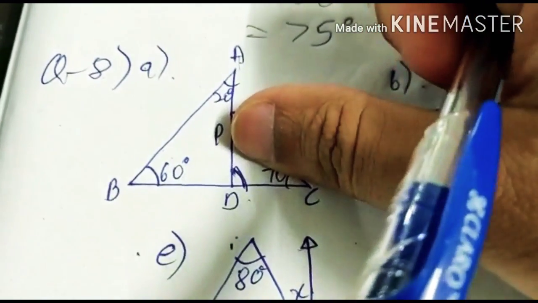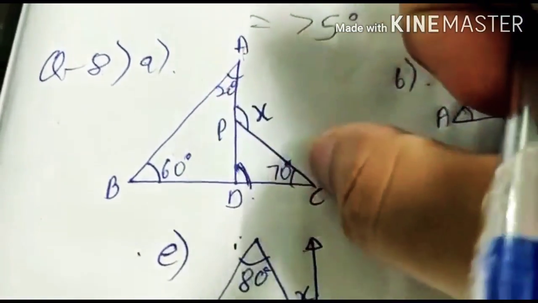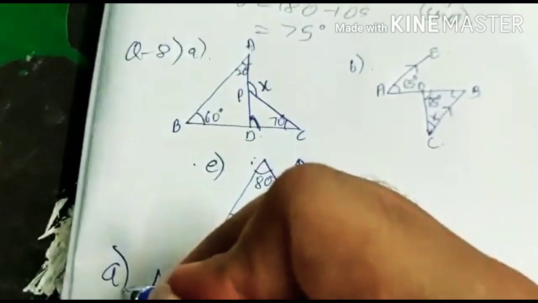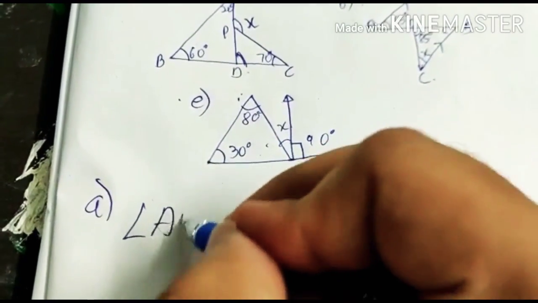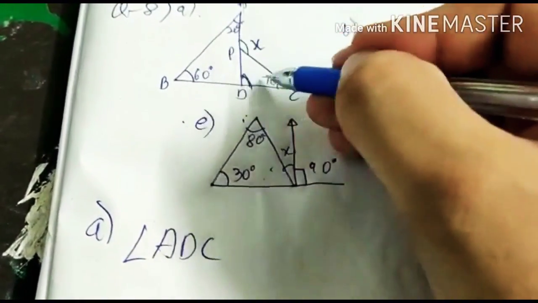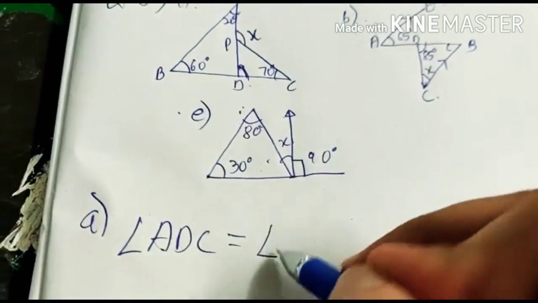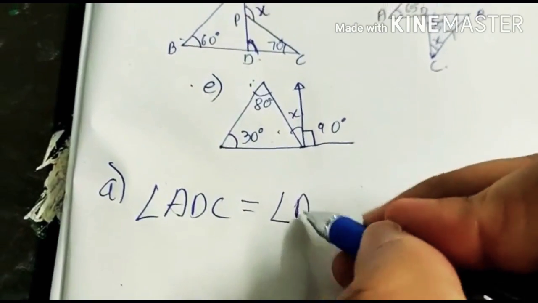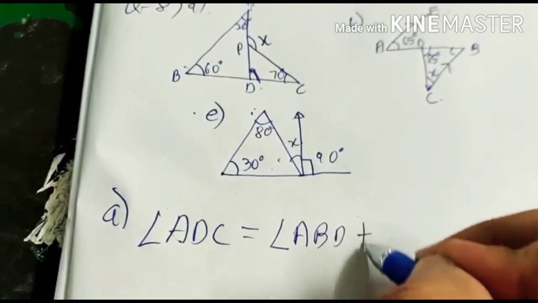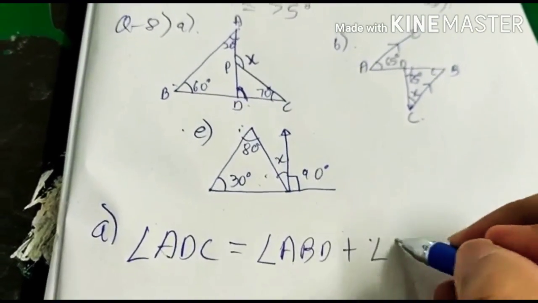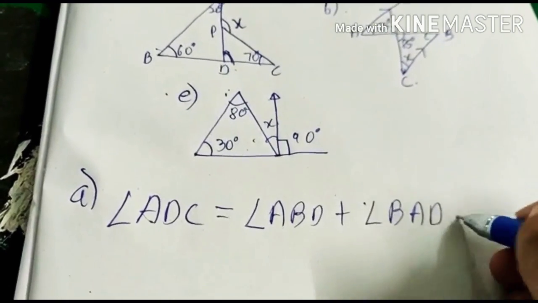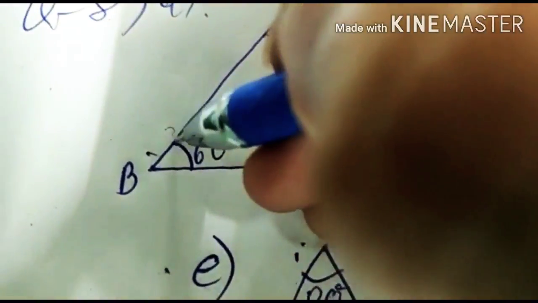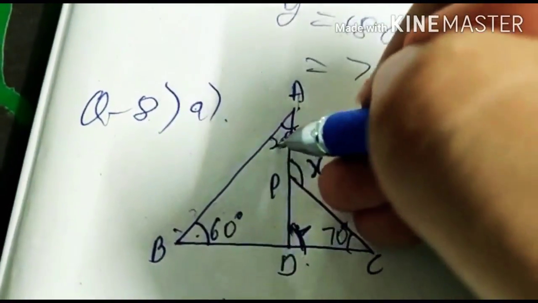So angle ADC in the A part will be equal to angle ABD plus angle BAD. I have written angle D equals this 60 degree plus 20 degree.